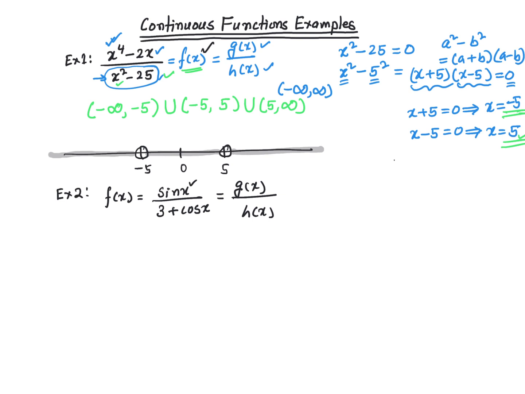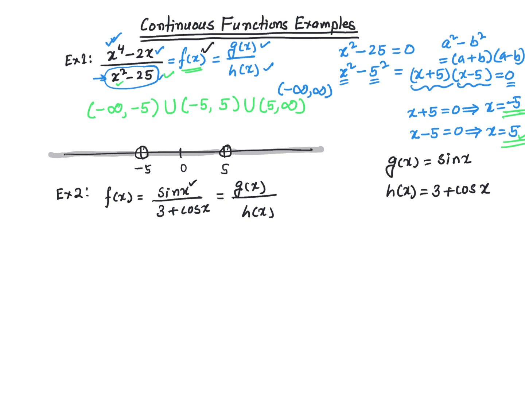Both g of x and h of x are continuous. Now we know that the ratio of continuous functions is continuous. That's a property of continuity. So the ratio of continuous functions is continuous, which is great.